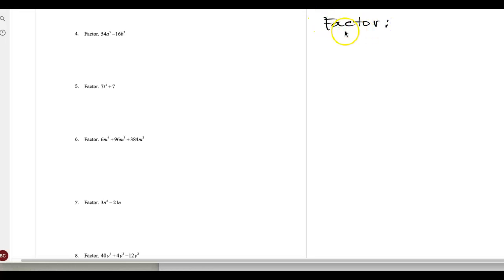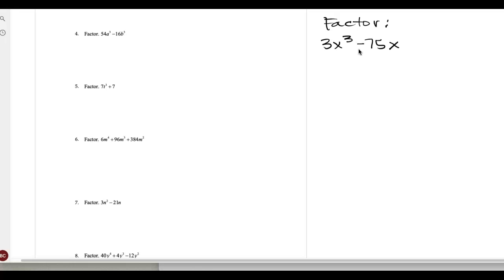So let's look at this one. If we factor 3x to the third minus 75x, when we're trying to factor this, what's the very first thing we always need to look for when we're factoring? Common factor?